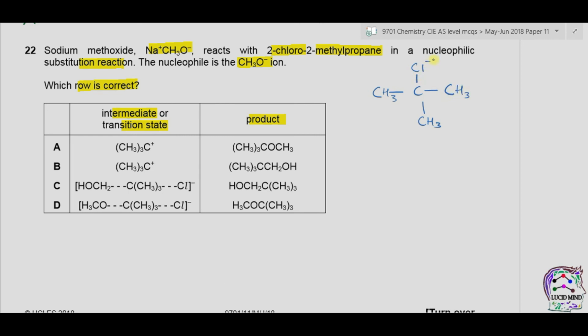As we can see that the electronegative chlorine is attached with this carbon atom, which is directly attached with 3 alkyl groups, so therefore this is tertiary halogenoalkane. And in tertiary halogenoalkane, nucleophilic substitution reaction takes place in such a way that this compound is first converted into this product, which is carbocation.